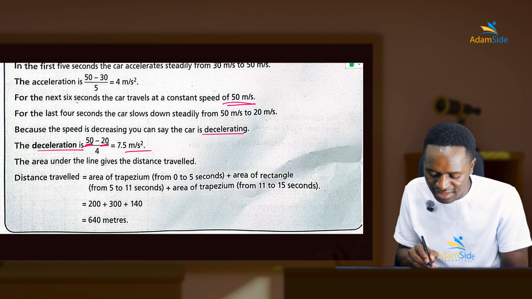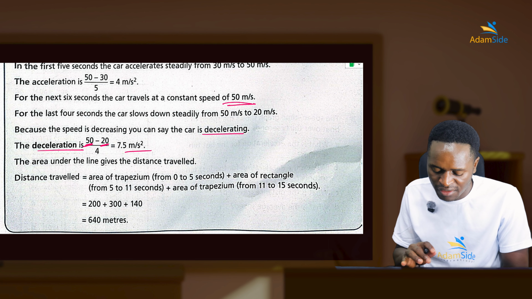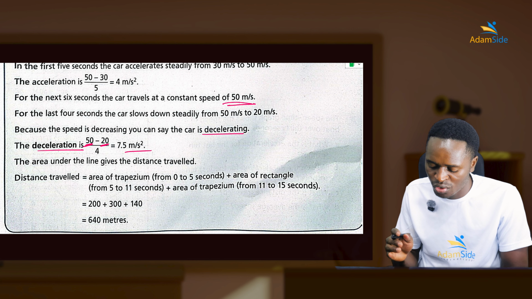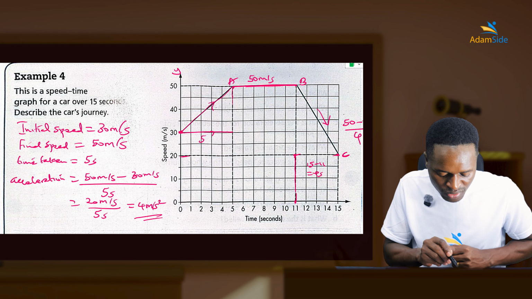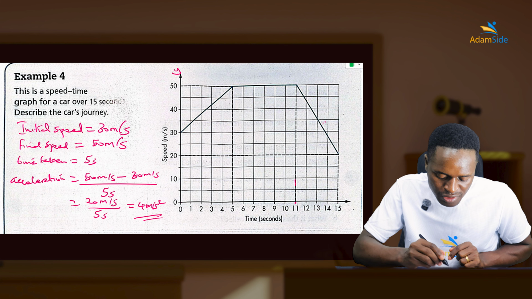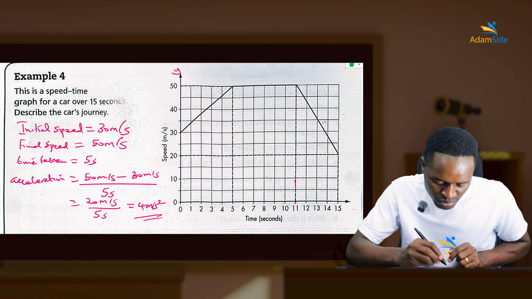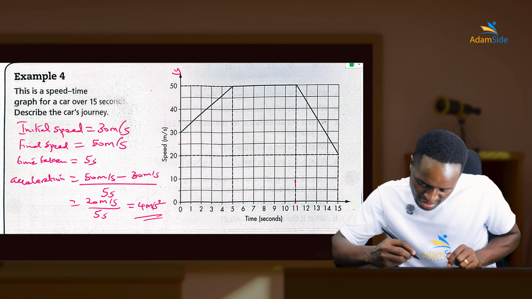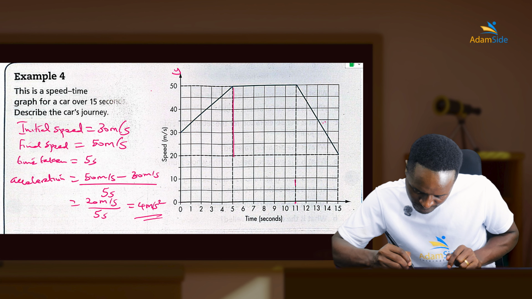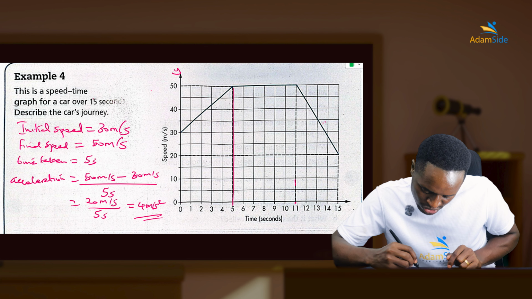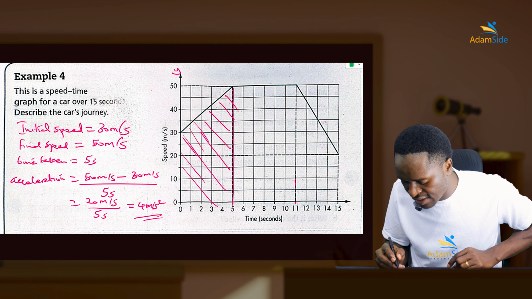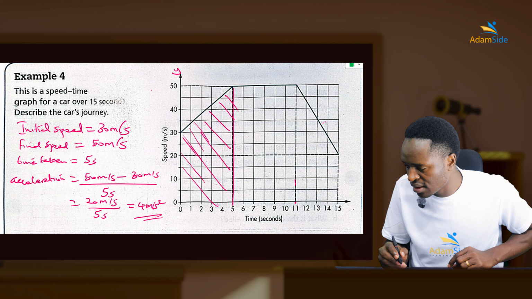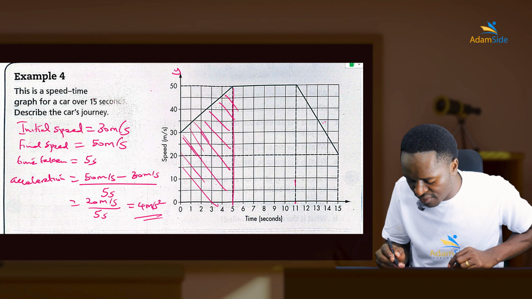And then we say the area under the line gives the distance traveled. If you want to find the distance, look at this shape. Let me erase everything so that we are all on the same page. If you split here, you will have this first figure, which looks like a trapezium, and the same here, you also have a trapezium.